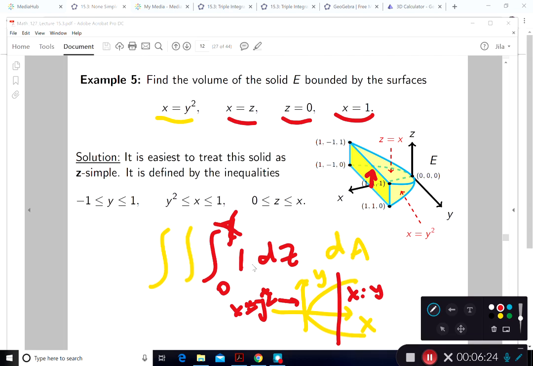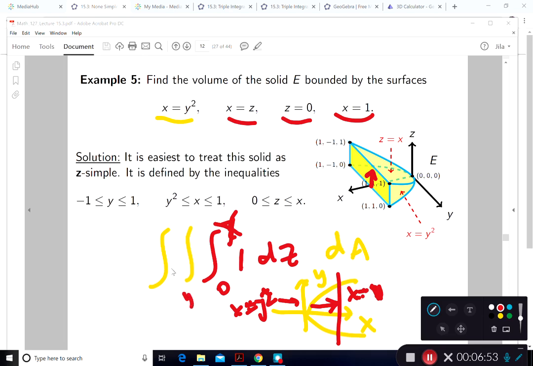It seems like I would like to go in this direction. So x is going to be between x equal to y squared and x equal to 1.